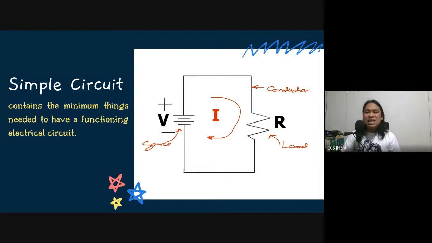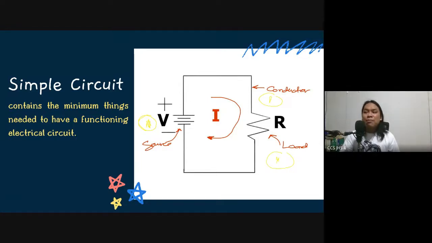So what things do we need? In order for us to create a simple circuit, of course, we have one source, one conductor, and one load. So these are the minimum things that we need in order for us to create a simple circuit.